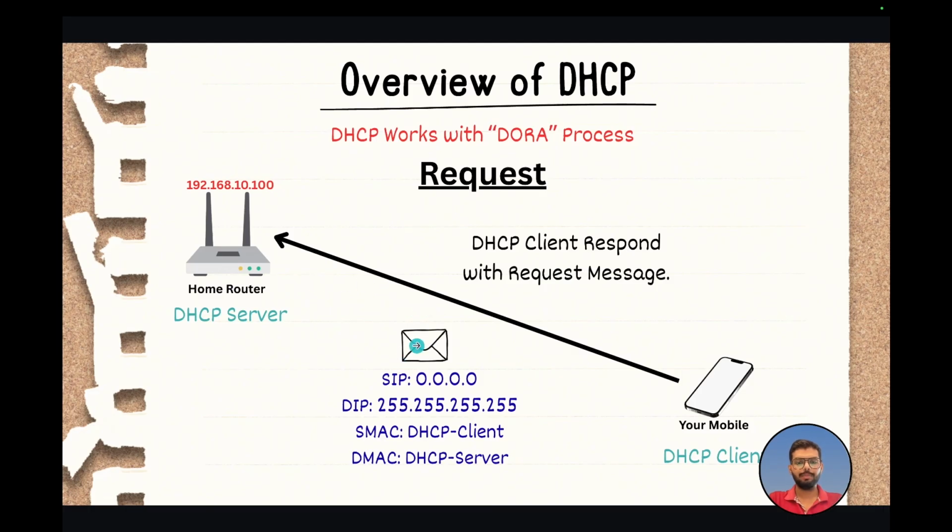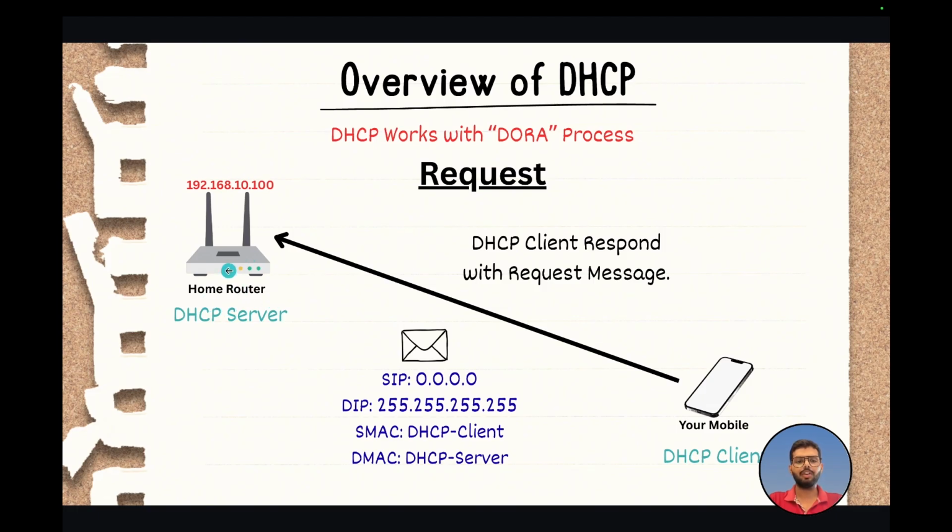This packet will have all the information about your mobile requesting the particular IP address. This will also be a broadcast packet, so source IP will be 0, because your mobile right now can't use the IP address that was offered by the DHCP server.